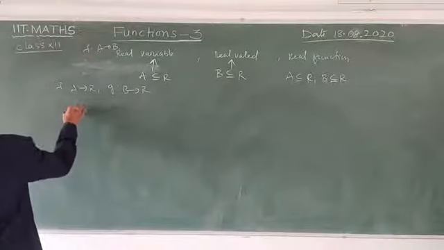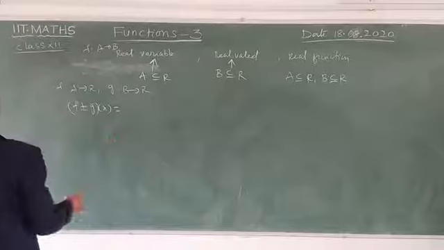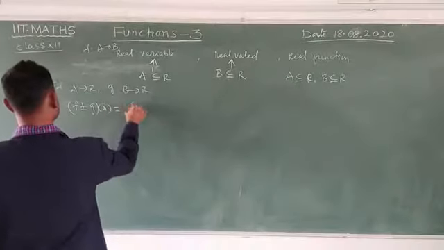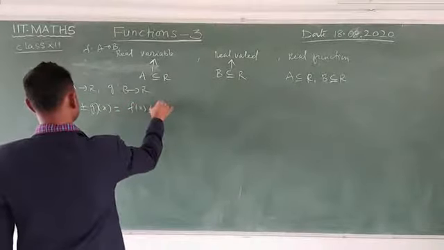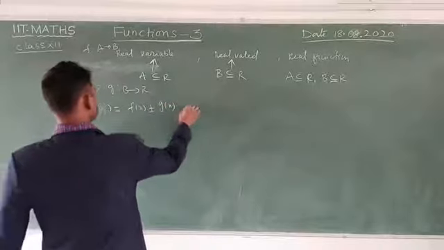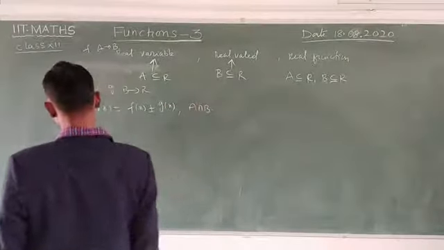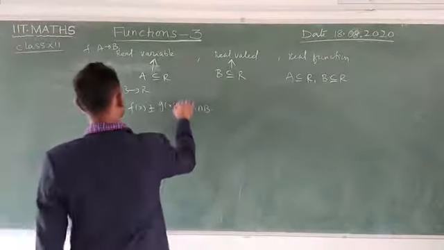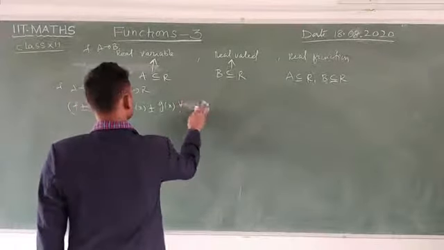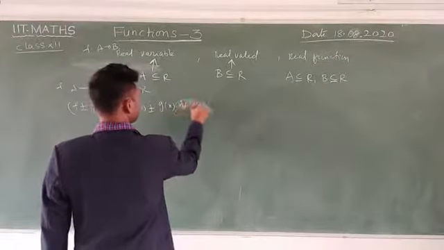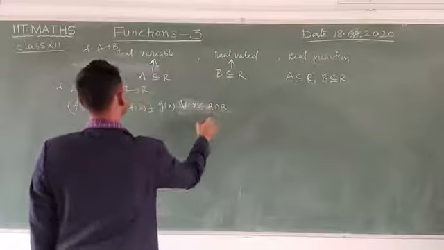Now its properties. (f plus or minus g) of x is equal to f of x plus or minus g of x, for all x belongs to A intersection B. This is the first property.